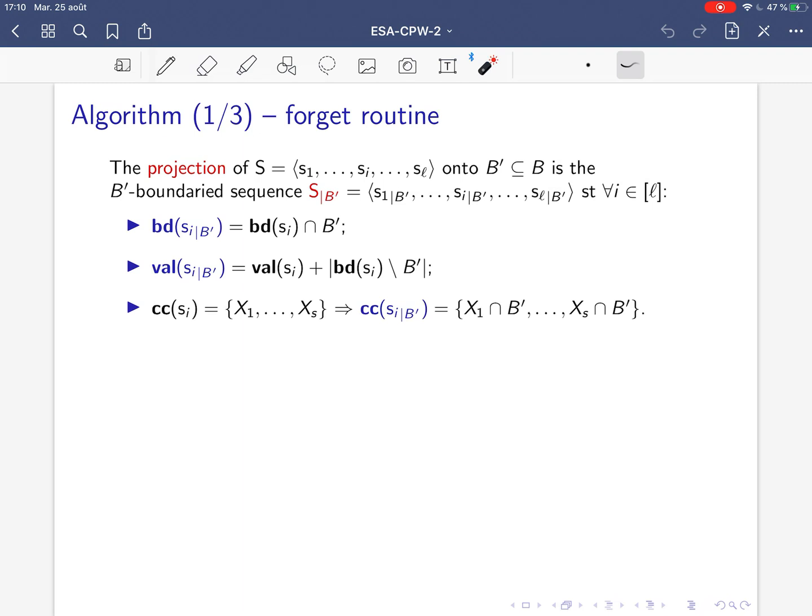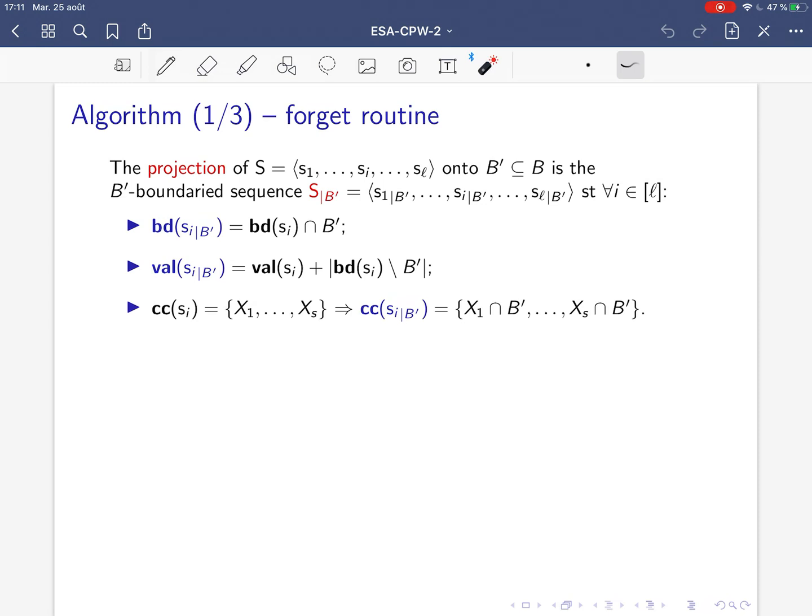The boundary set of Si projected onto B' is simply the boundary set of Si intersected with B'. Now, the value integer of Si restricted to B' is the value integer of Si plus the number of vertices that we forget from B. Here, as we will forget only one vertex, it will every time be a +1.